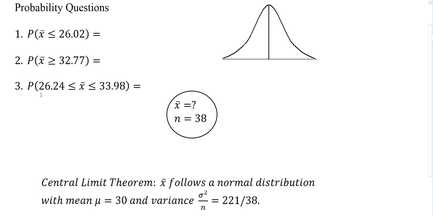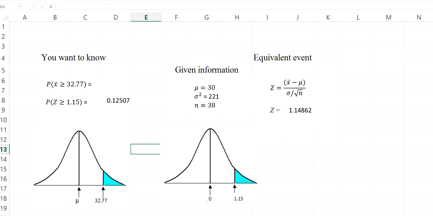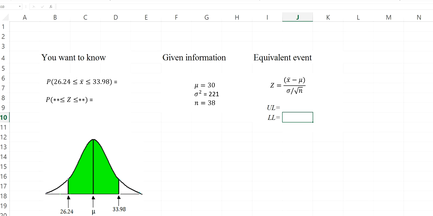What about the third question, in between? Remember I said only 3 different types of questions will be there. So this is the third one. So let's go back to the Excel page again. The third one is going to look like this. Now you're looking for 2 numbers, the upper number and the lower number. So what is the upper value? It is going to be equal to 33.98 minus 30 divided by SQRT of 221 divided by 38, right?